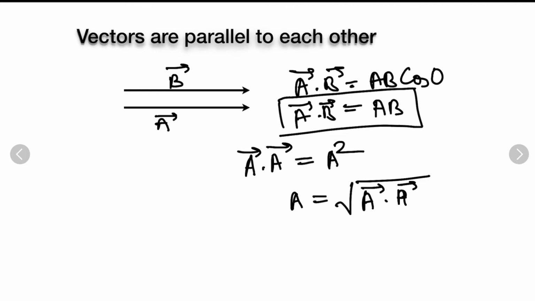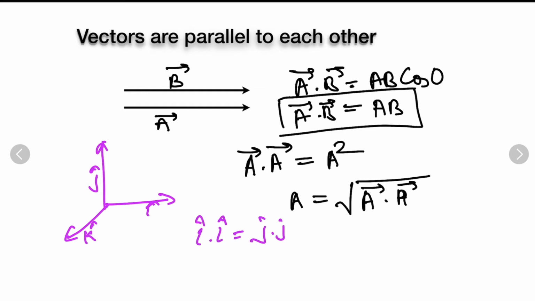Now let's check out the mutually perpendicular unit vectors i cap, j cap and k cap. The dot product of i cap with i cap will be equal to j cap dot j cap will be equal to k cap dot k cap, and this will be equal to 1, the magnitude of these vectors.